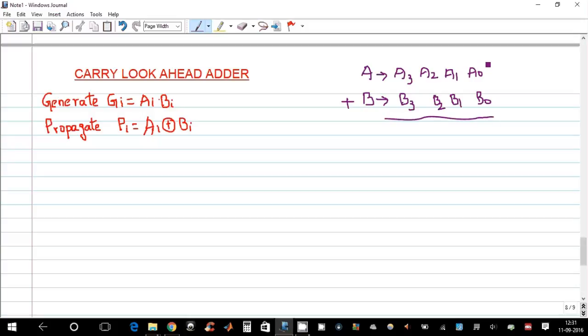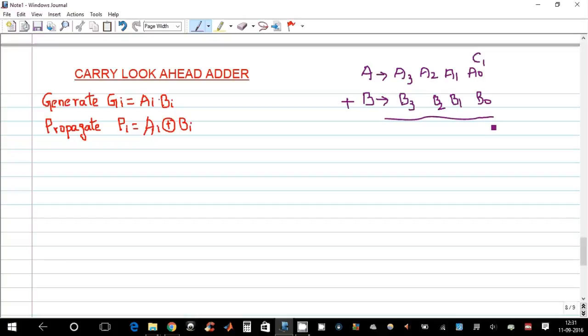Practically the carry input value is 0 here, but since we are comparing the delay of our carry look ahead adder with the ripple carry adder in terms of full adders, we are adding one more term here, that is C1, which anyway will be 0.